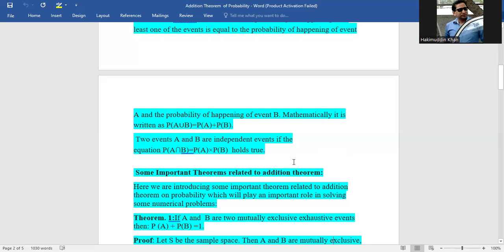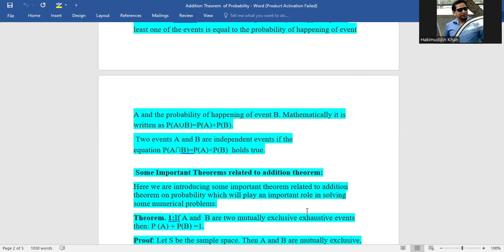Now, some important theorems related to the addition theorem. Here we are introducing some important theorems related to the addition theorem on probability, which will play an important role in solving some numerical problems.